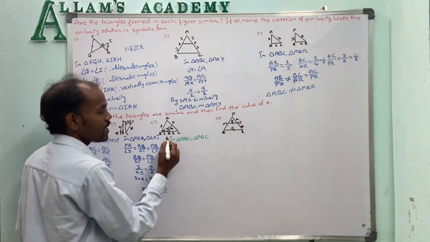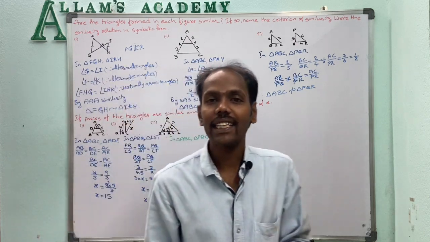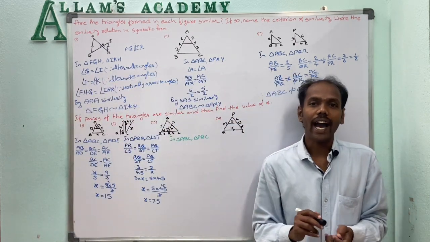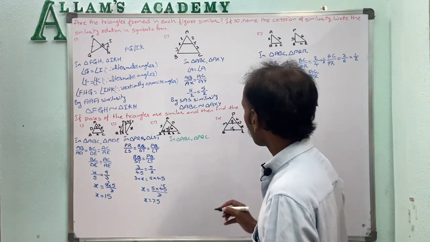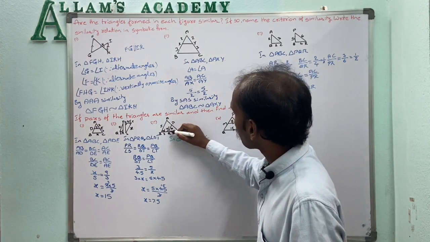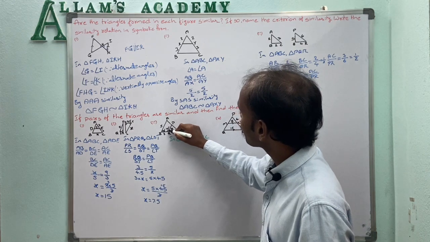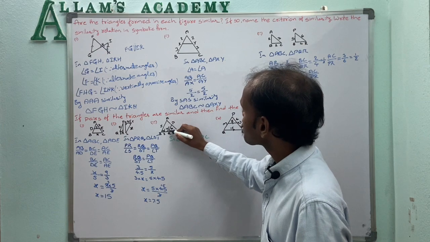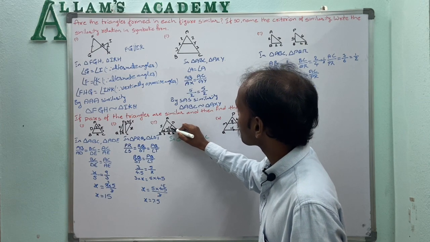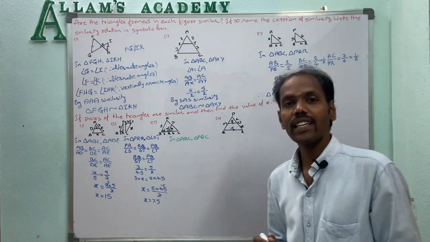BC is a line, and on a line at any point the angle is a straight angle, that is 180 degrees. So here at Q point, PQ divides this side: 110 means this side is 70 degrees, 110 plus 70 equal to 180.